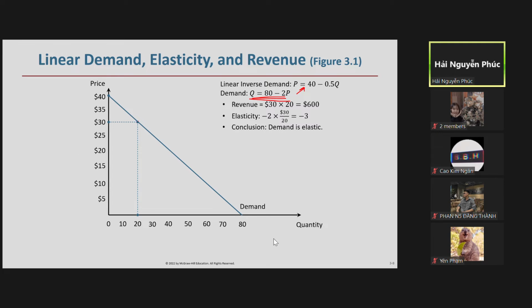Suppose if you look at this graph at this point, I denoted point A. At point A, we have the revenue equal 600, right? 30 times 20, 600, and the elasticity is equal to the slope of the line, which is equal -2, right?